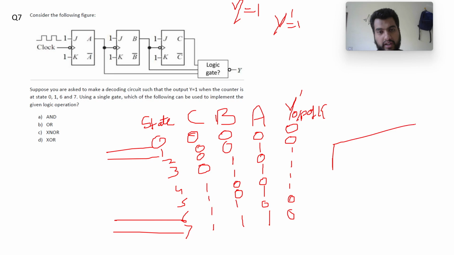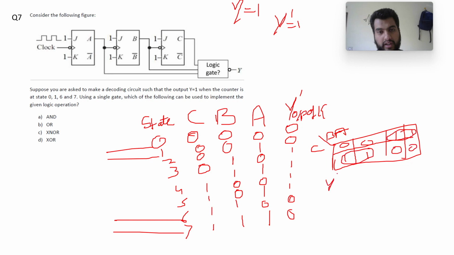So we can use a K-map here to find the logical expression to implement this. So here we write C, here we write B and A. So this is 0, 0, then it is 1, 1, then it is 1, 1, then it is 0, 0. So we'll have this grouping and this grouping.